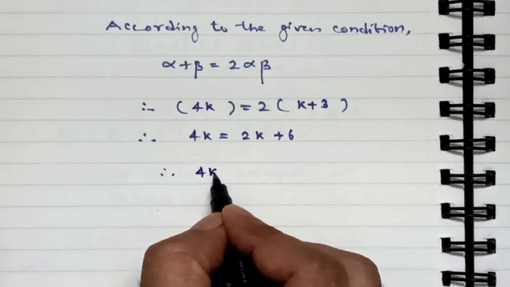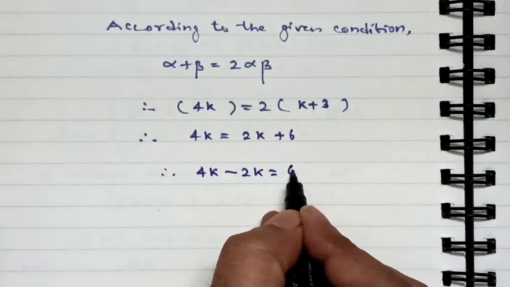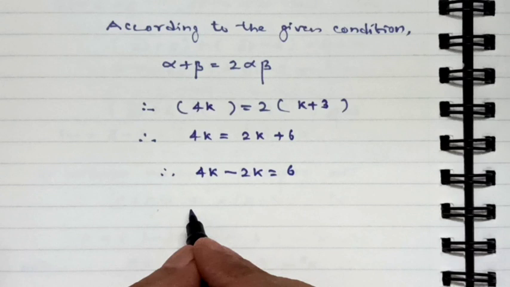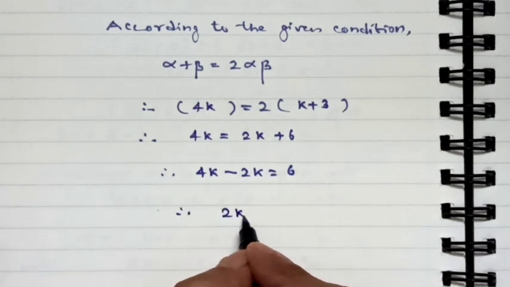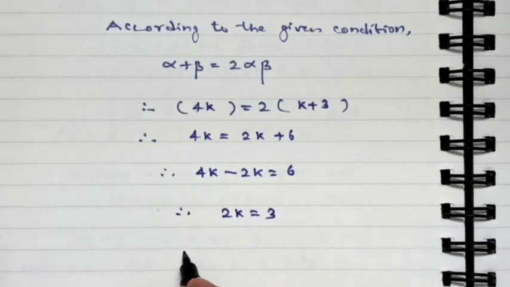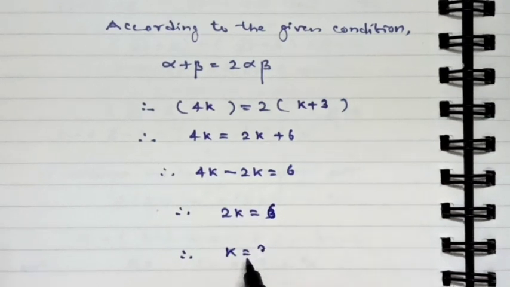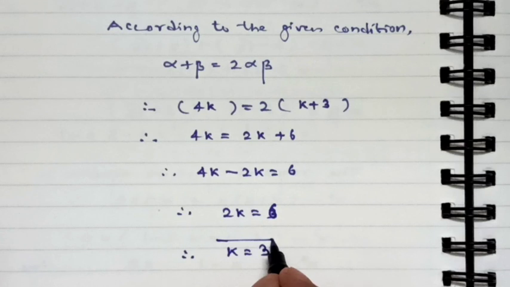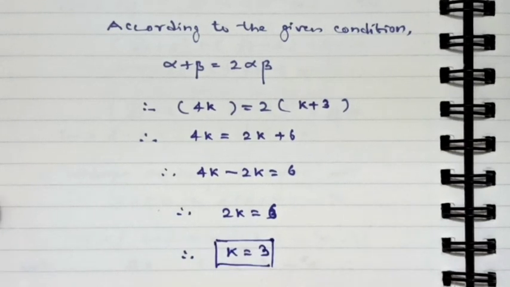Therefore 4k minus 2k is equal to 6. Therefore 2k is equal to 6. So k is equal to 3. Your answer is k is equal to 3.